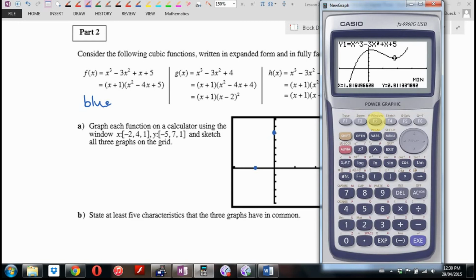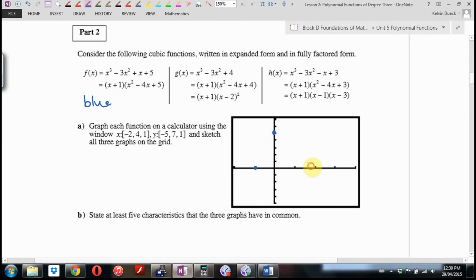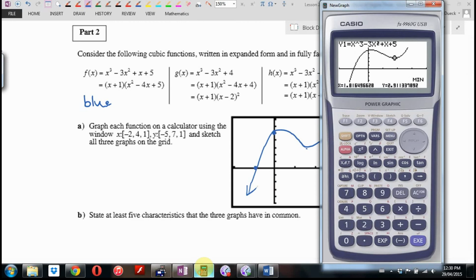I'll kind of eyeball it. 1.8, 2, kind of about there. So it looks sort of like that. What I'm interested in getting right, Laura, are roots, intercepts, and max and mins.